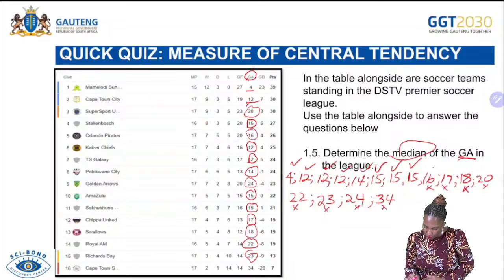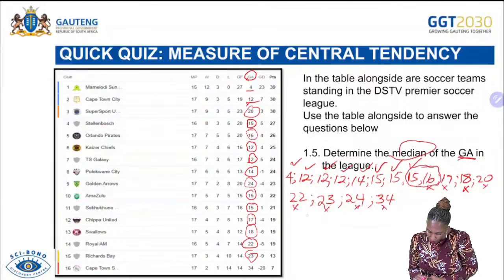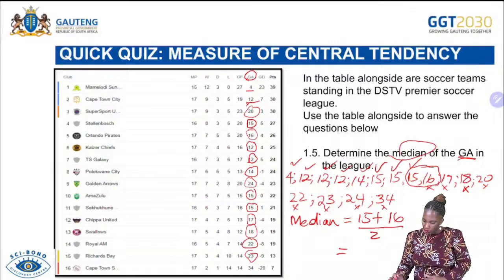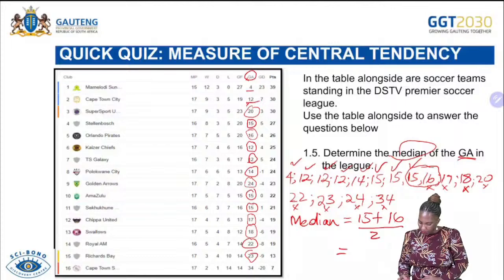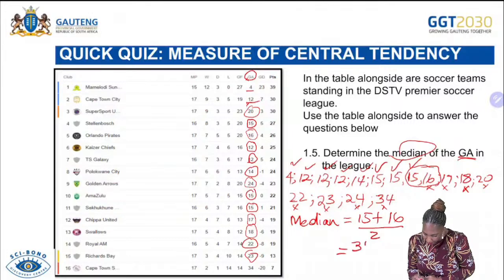So my 2 middle values, because I'm looking for a median, will be 15 plus 16, and then we divide by 2 so that we have 2 equal parts of the data set. 15 plus 16 gives us 31 over 2.